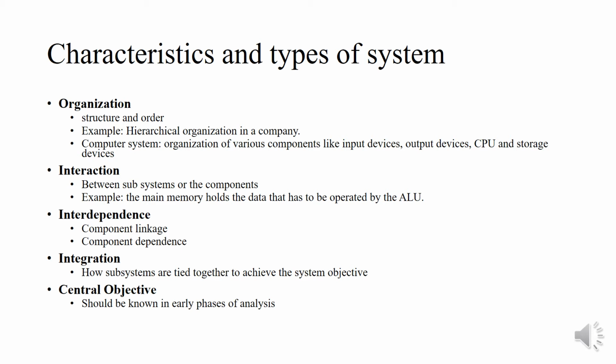Computer system. If you talk about how a computer performs, then as all of you know, there are input devices, output devices, central processing unit, and storage devices which are inbuilt in a computer system, and there is a hierarchy.